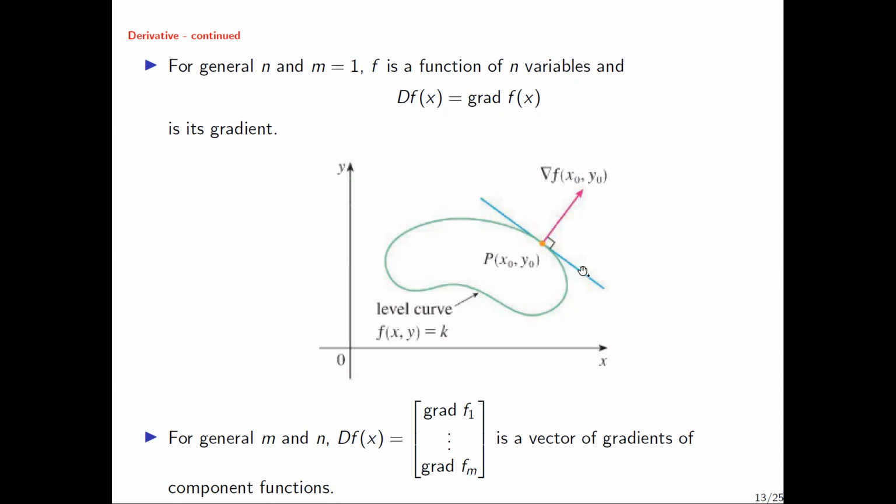So this is always the case, that the gradient is perpendicular to the level curve in the point. For general n and m, the Jacobian matrix is just a matrix which has as rows the gradients of the coordinate functions.